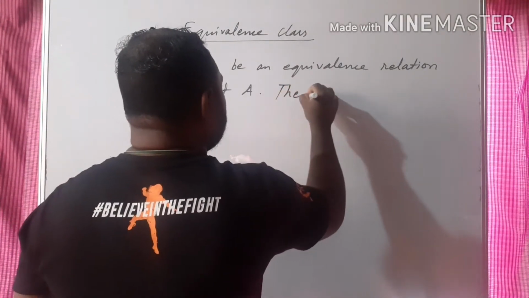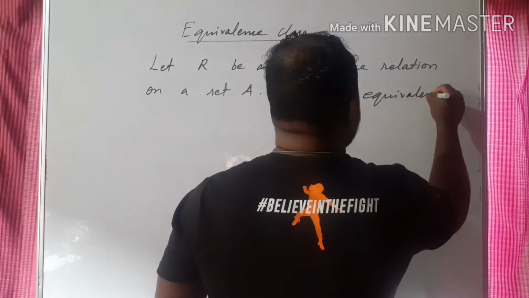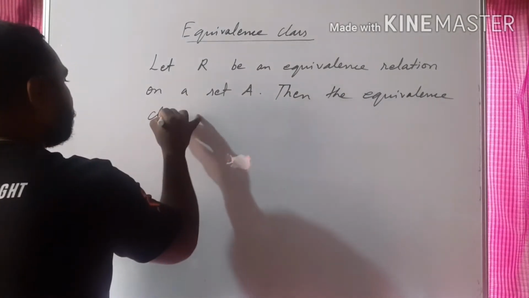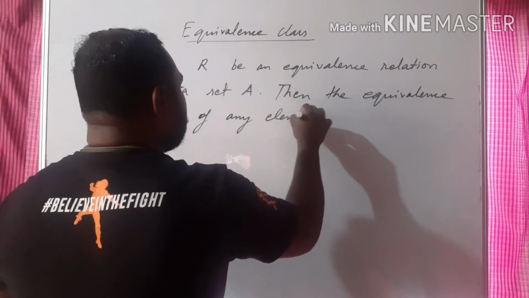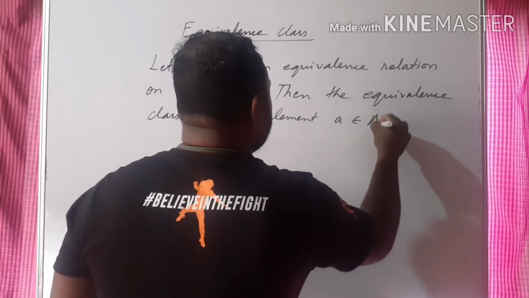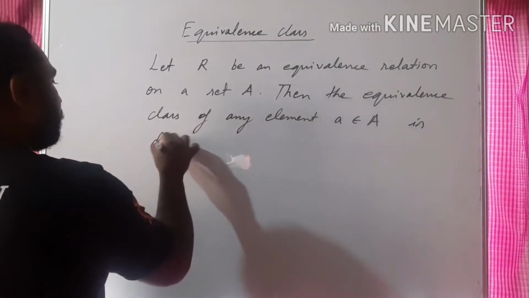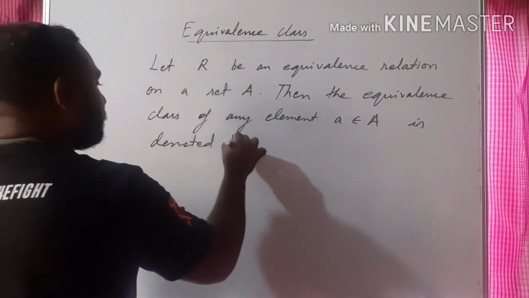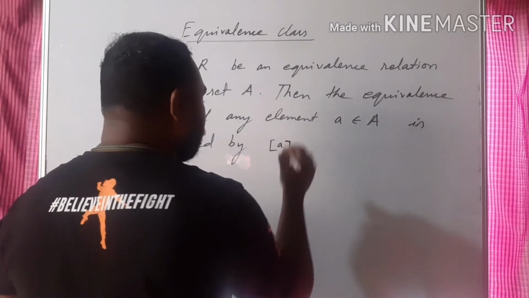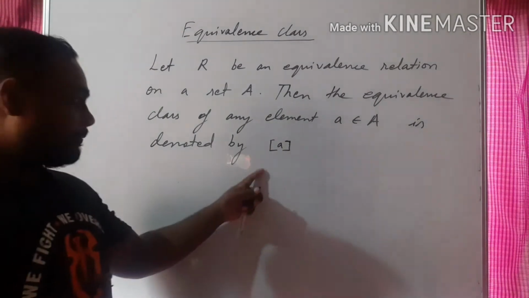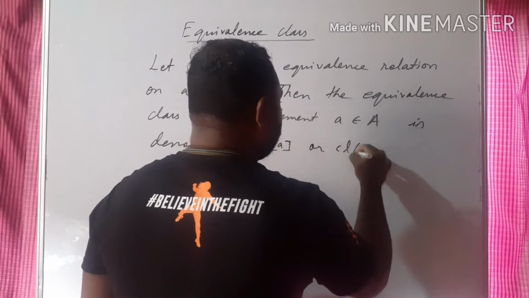Then the equivalence class of any element a belonging to that set is denoted by this notation, or you can write CL(a).